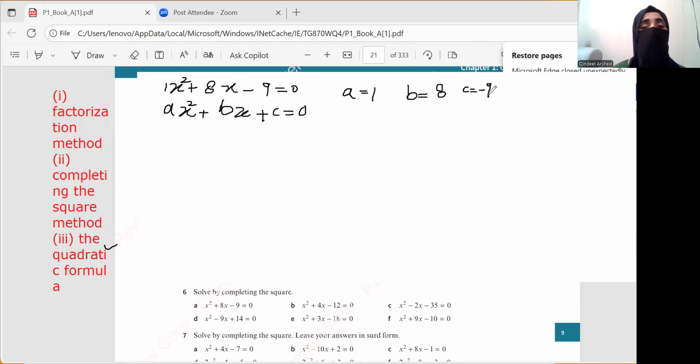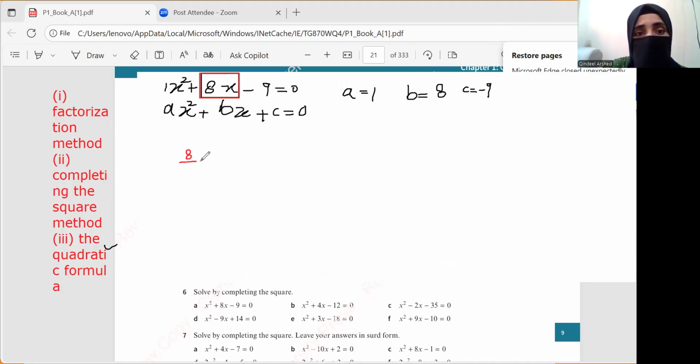Now, in the completing the square method, the main technique is that you have to focus on one term. You have to focus only on the x term and the coefficient of the x term. This thing is very, very important. Our main focus is on this x term and the coefficient of x. The coefficient of x is 8.